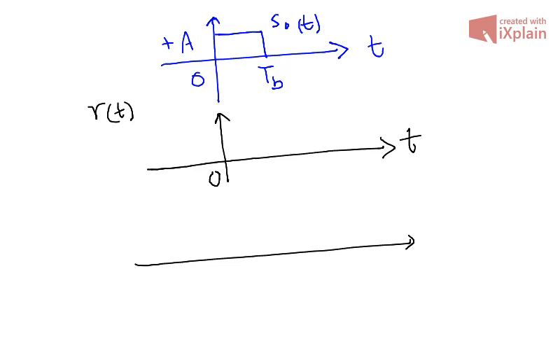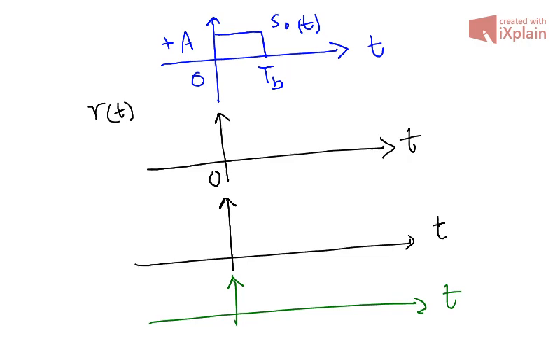So this is the output of the upper branch, and below this I would like to draw the output of the lower branch. So this is my R0 and this is my R1, the output of the upper branch and the output of the lower branch at time axis.